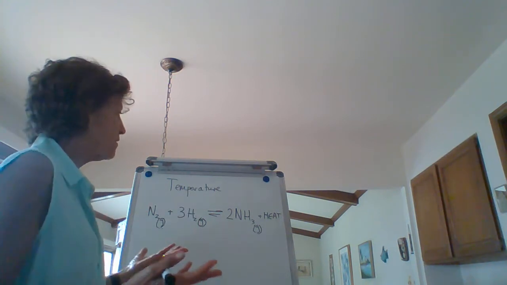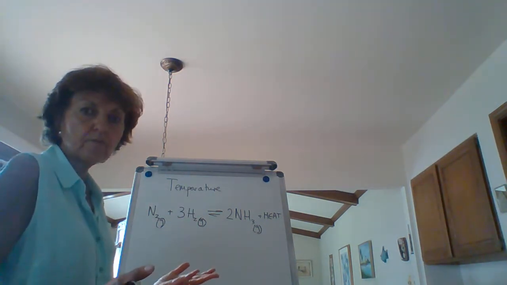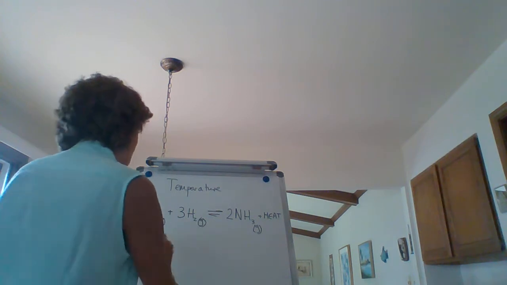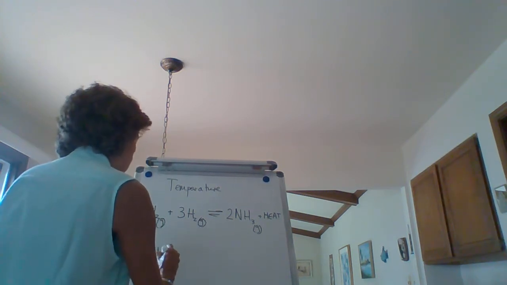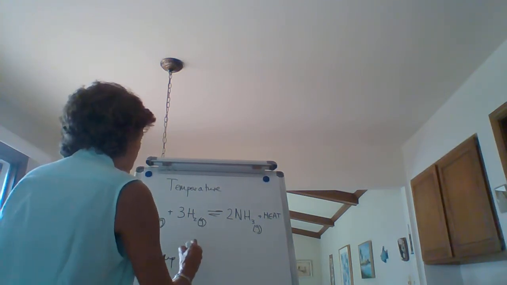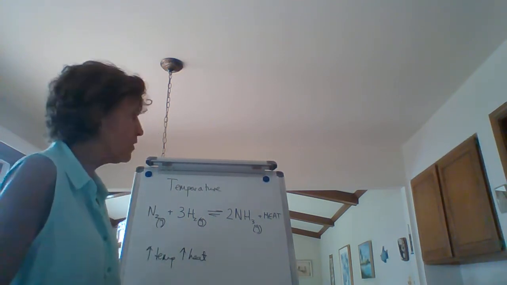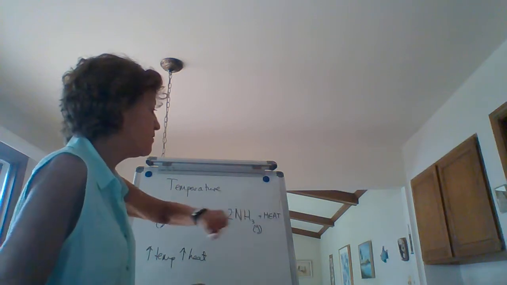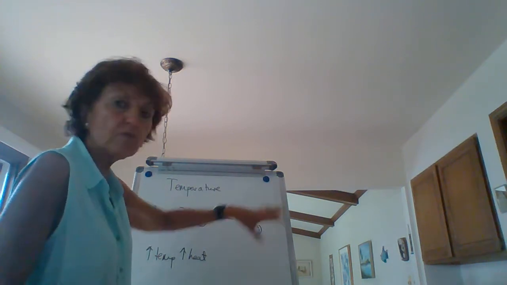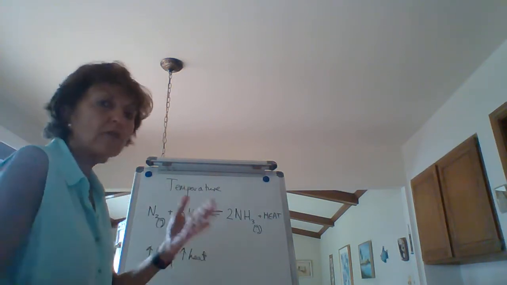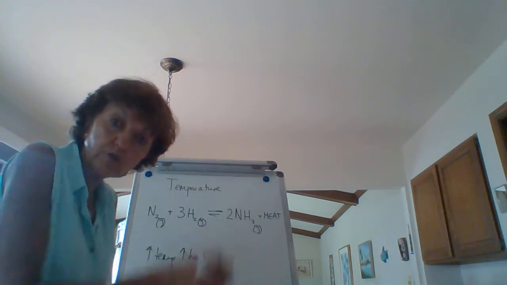what happens if you increase the temperature? So if you increase the temperature, that's the same as saying you're increasing heat, okay? If you're increasing heat and heat is a product, what do you think is going to happen? Again, the equilibrium tries to shift to reduce that stress.